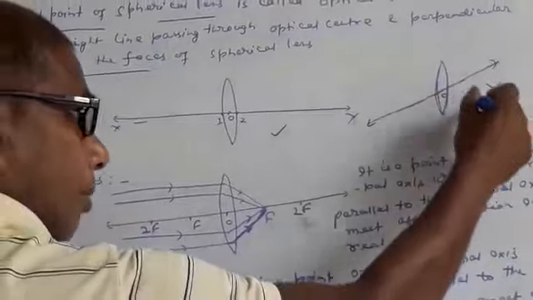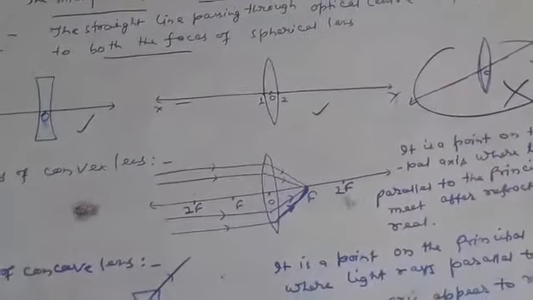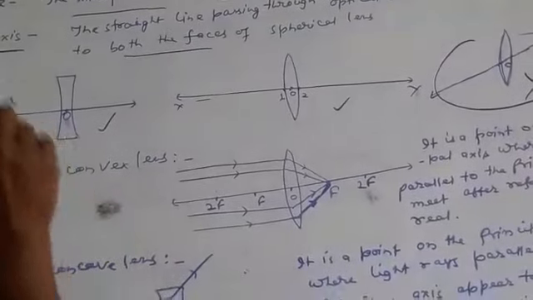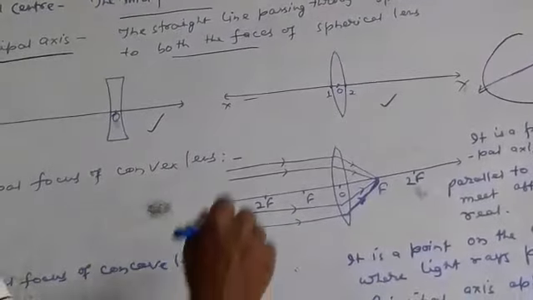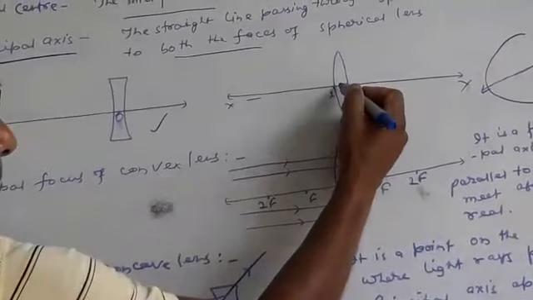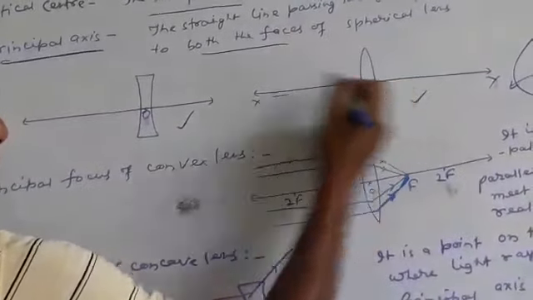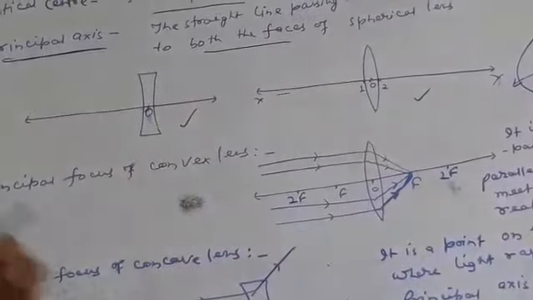So it can never be a principal axis. To be a principal axis, there are 2 conditions. The line must pass through the optical center and be perpendicular to both the faces. Clear?